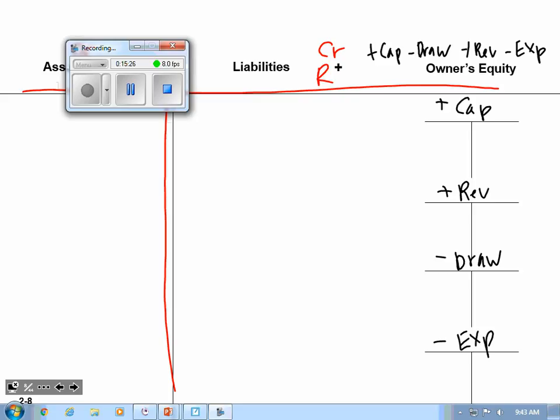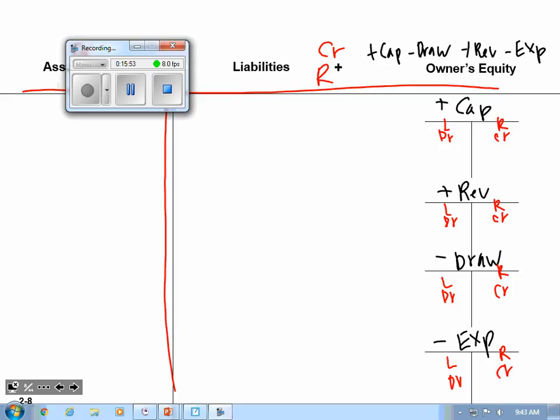Question, yes or no, do each of these mini T's have a left and right side? Left, left, left, left, right, right, right, right. Debits on the left, credits on the right. And I know you know this, but write them all in.